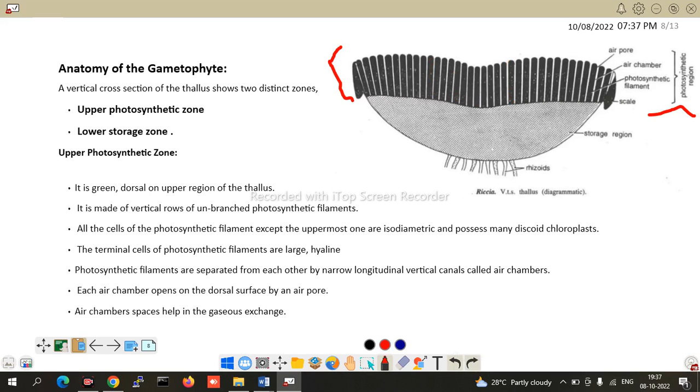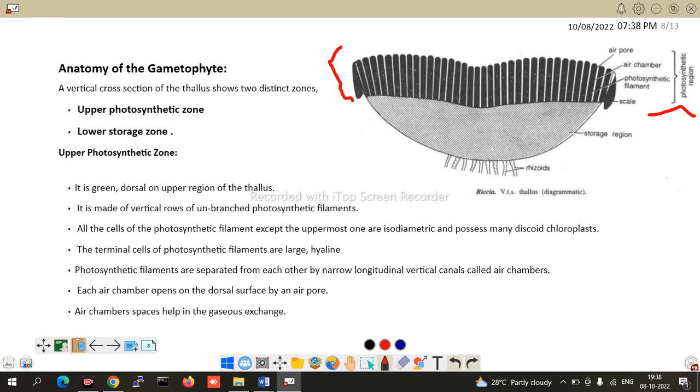The upper layer is discontinuous and the photosynthetic filaments are unbranched. The cells are isodiametric and composed of a discoid chloroplast, and the epidermis is hyaline. In the next slide we will go through the detailed view.